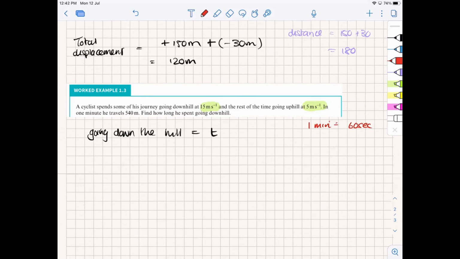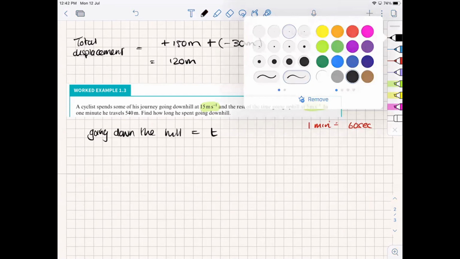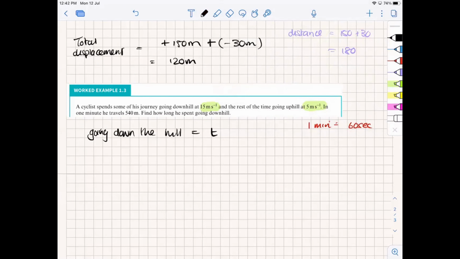Going up the hill, he spends some amount of time going up the hill. So how much time does he spend going down the hill? How much time does he spend going up the hill? Kiana?